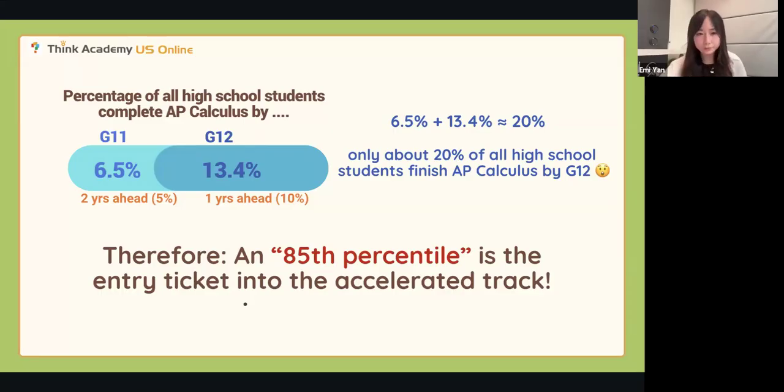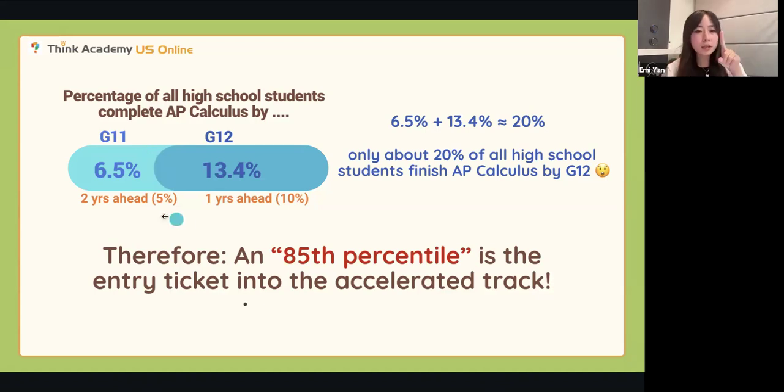So this way, if we think back from the university, from the higher level courses, for those students who finish their AP calculus before grade 11, it's going to be 6.5%. And it's also equivalent to being 2 years ahead when you are in middle school.